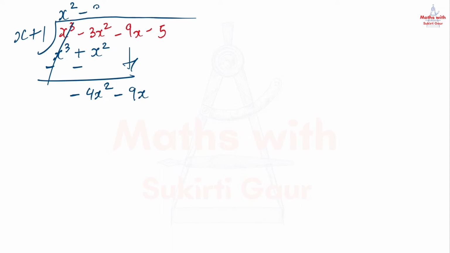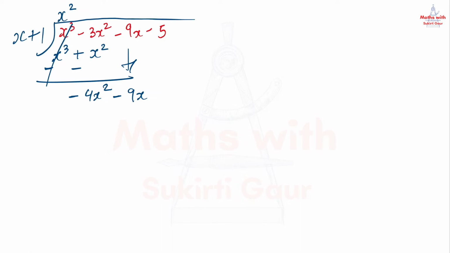We will be taking minus 4x now, such that we will be getting minus 4x into x as minus 4x square, plus 1 into minus 4x as minus 4x.